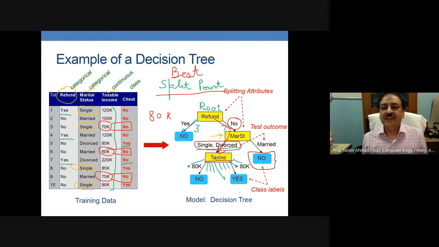All the records which are lying in that one will be either having a refund status no or will be either a single or a divorced.